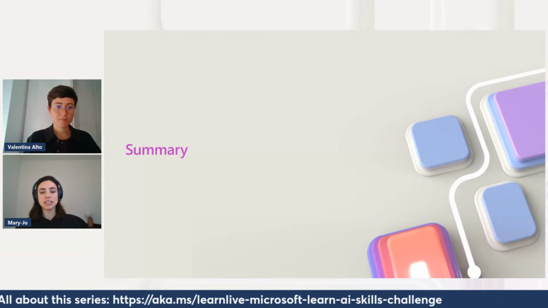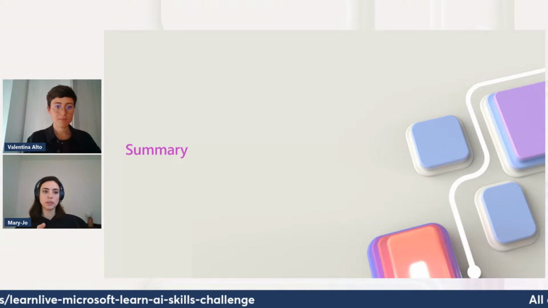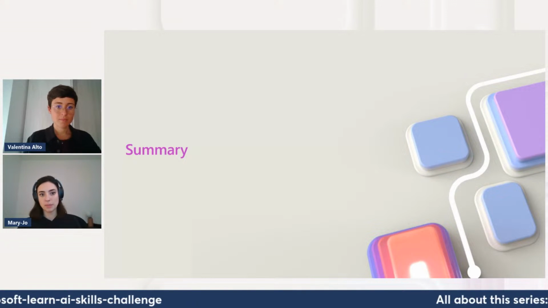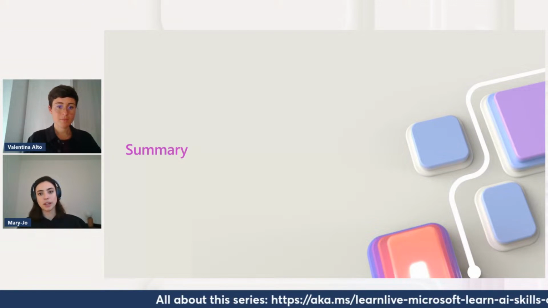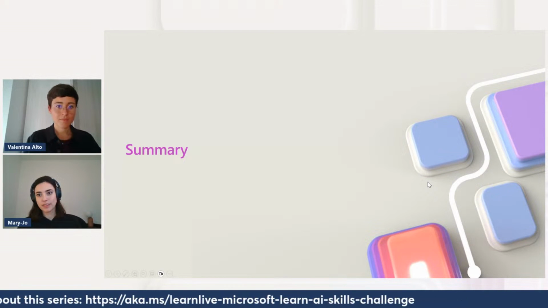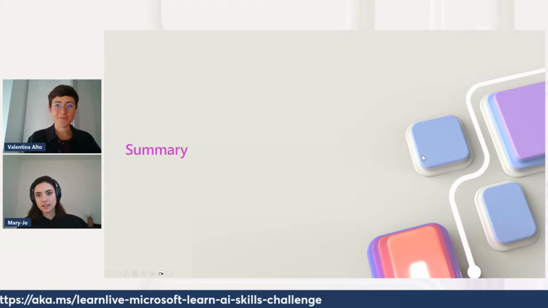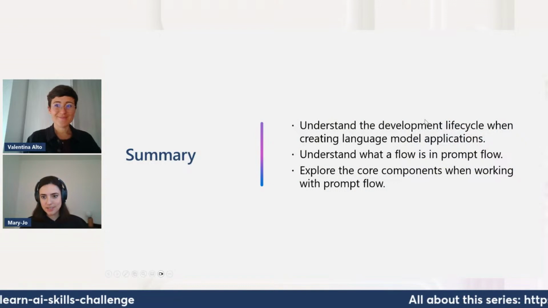That's a built-in connection. But if you want to connect to some other search database that you have, it would also be possible as long as you have the API connection available. Like Valentina showed earlier, connections are always possible if you have custom keys to an API that you want to connect with. But the default is just Azure AI Search. Exactly. Awesome. I hope that answered all the questions.